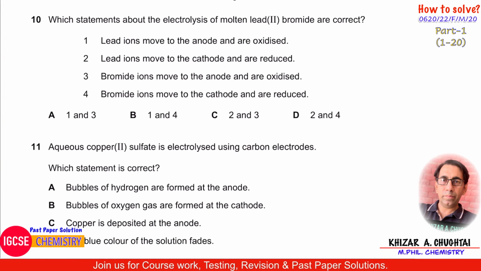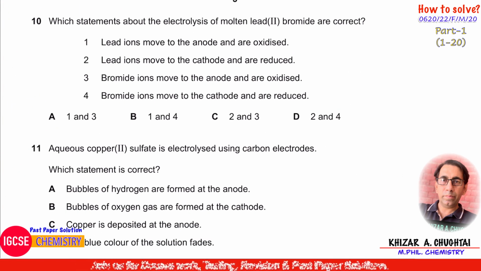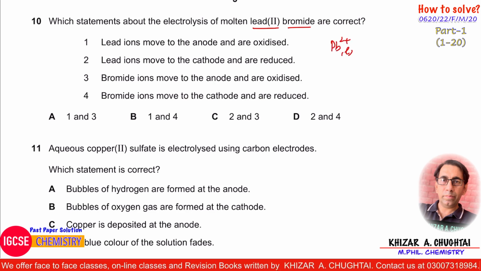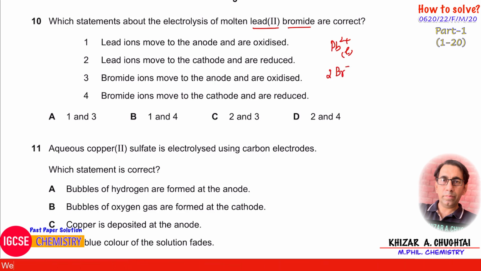Question number 10. Which statements about electrolysis of molten lead bromide are correct? This mixture is having Pb 2 positive ions and Br 1 negative ions, or 2 moles of Br 1 negative ions. Lead ions move towards the anode and are oxidized.